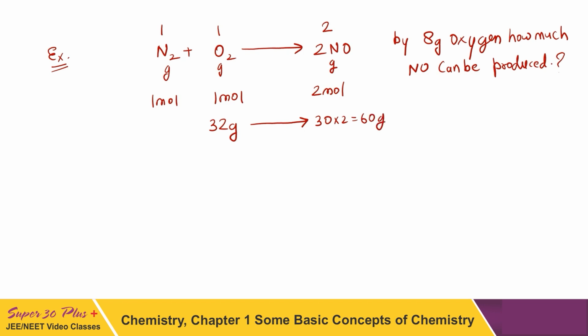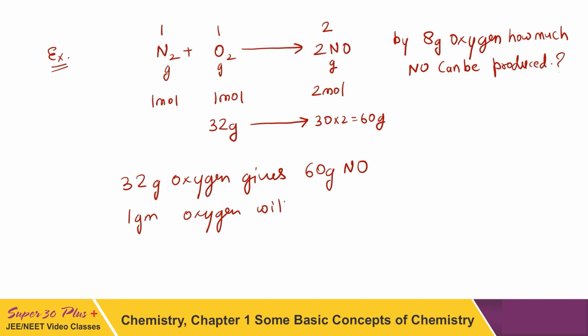So now as per the stoichiometry, 32 gram oxygen gives 60 gram nitric oxide. So 1 gram oxygen will give 60 by 32 gram nitric oxide.